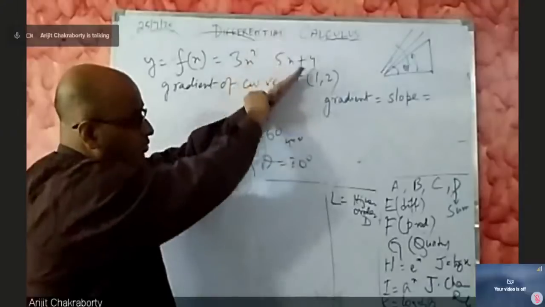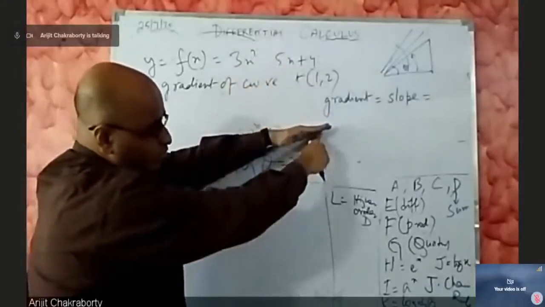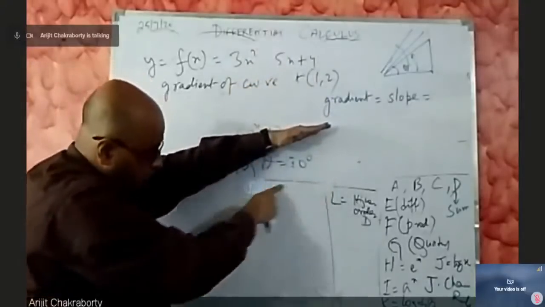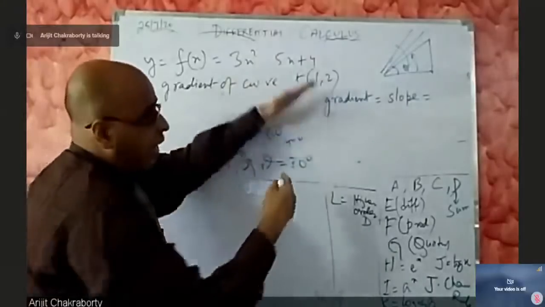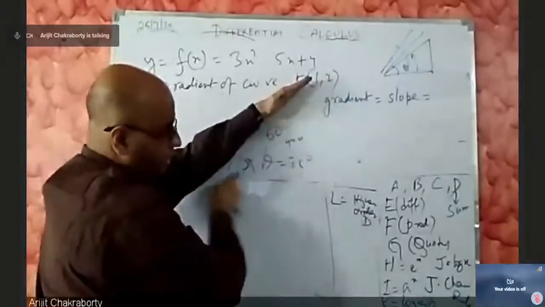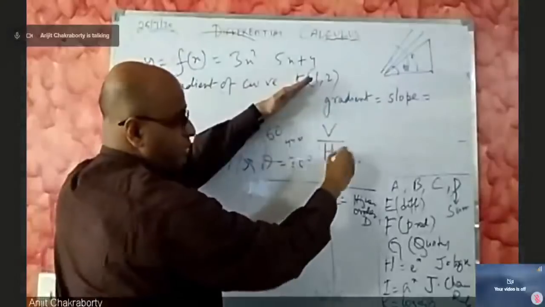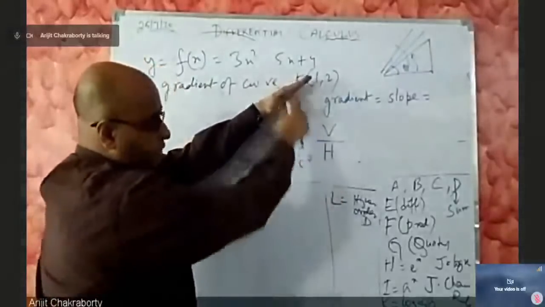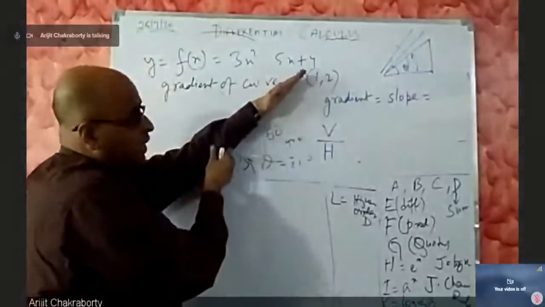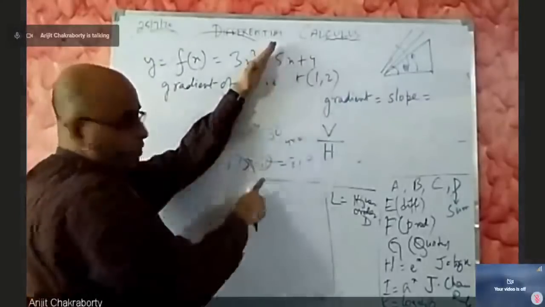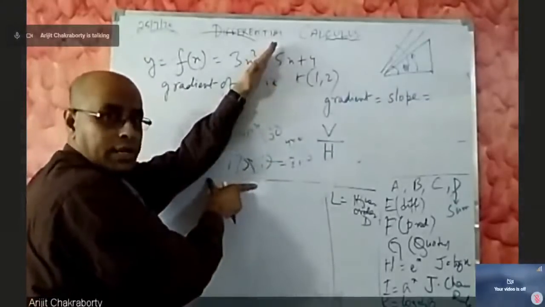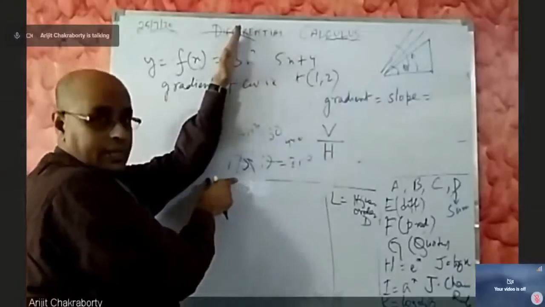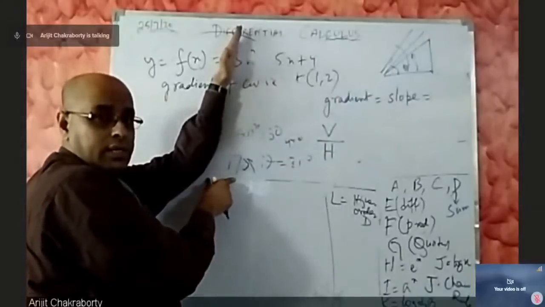And as I bring down theta, vertical component reduces, horizontal component becomes more. And you know the slope is vertical by horizontal. As I increase it, the vertical component becomes longer, the horizontal component reduces.